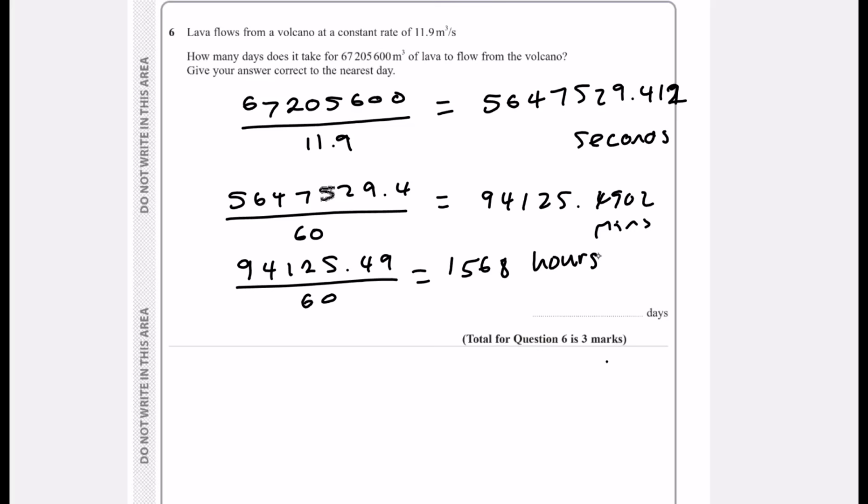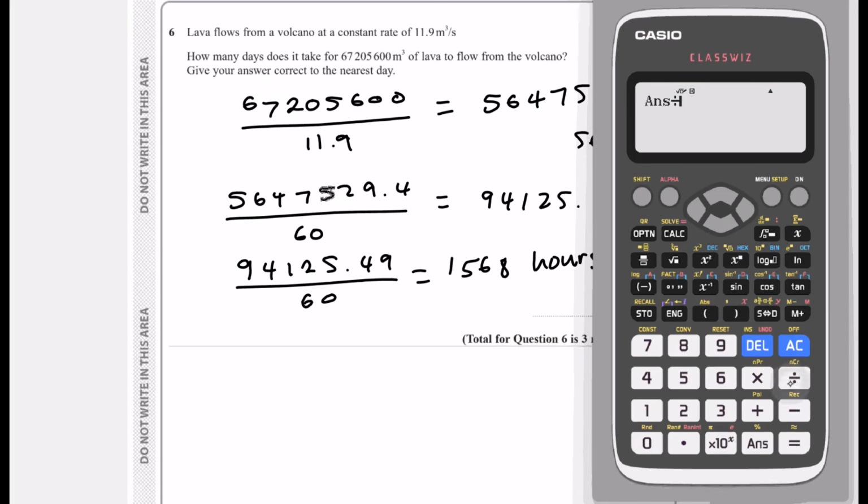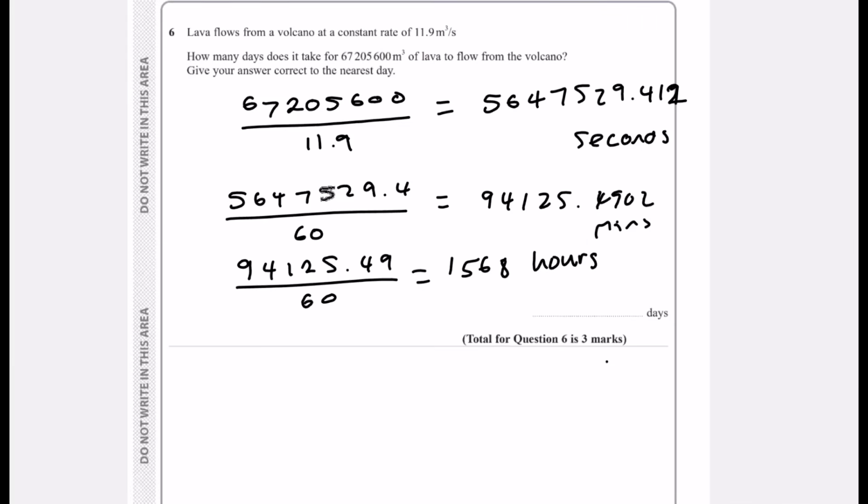And then changing hours into days. There are 24 hours in every day. So divide the number of hours by 24, and we get 65.36 days. And to the nearest day, 65.